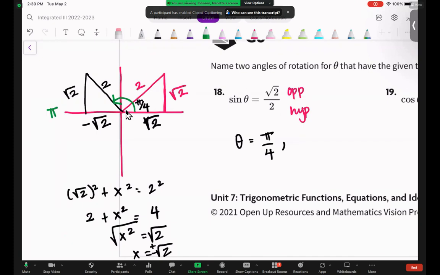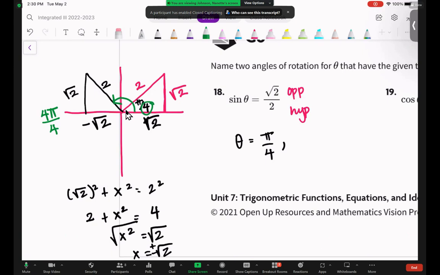I want you to think about a pizza cut up into 4 slices. Ms. Johnson, where'd you get the 4 slices from? The denominator. If you have a whole pizza and it's cut up into 4 slices, how many slices are in a whole pizza? You'd say 4, right?